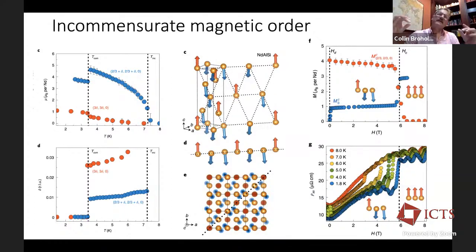Especially when they lie fairly close to the chemical potential, you get these little pockets, and in the case of this material, there's a fairly large number of Weyl points. And so you get these fairly localized structures that can lead to nesting.